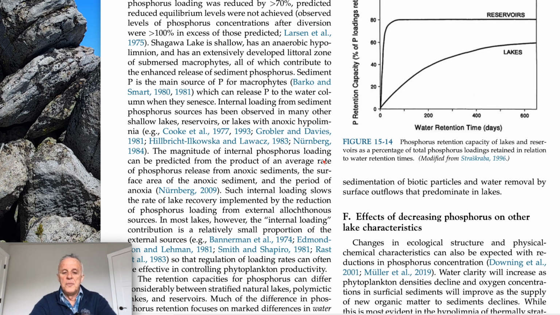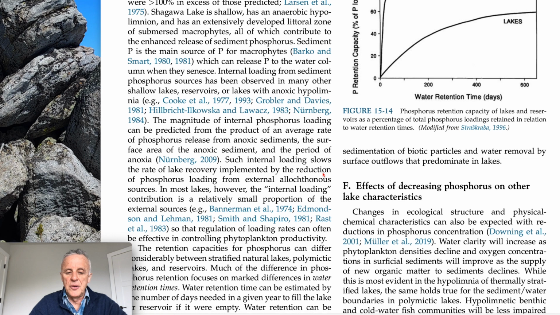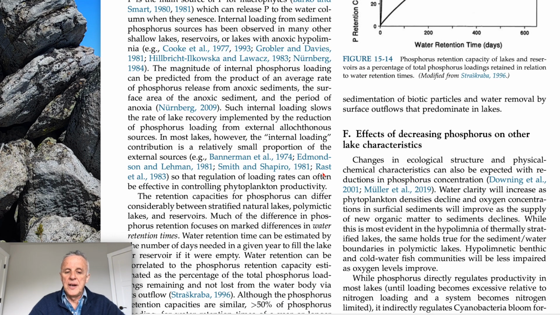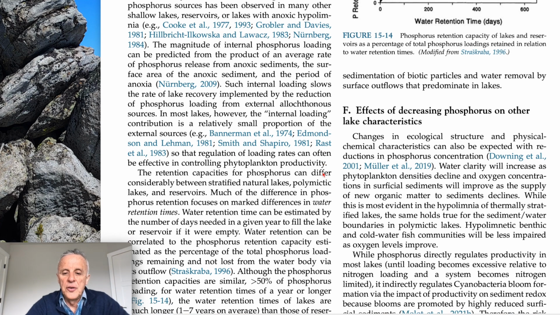The magnitude of internal phosphorus loading can be predicted from the product of an average rate of phosphorus release from anoxic sediments, the surface area of the anoxic sediment, and the period of anoxia. Such internal loading slows the rate of lake recovery implemented by the reduction of phosphorus loading from external allochthonous sources.